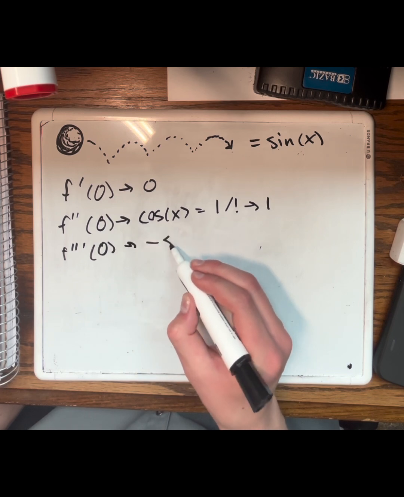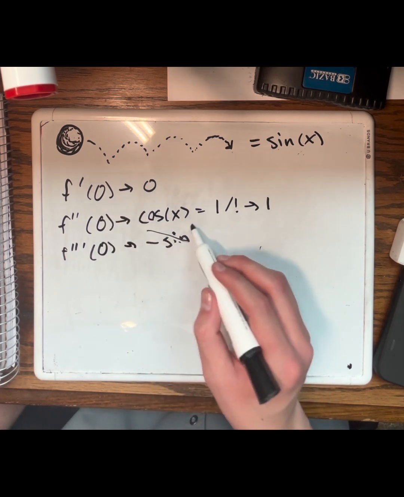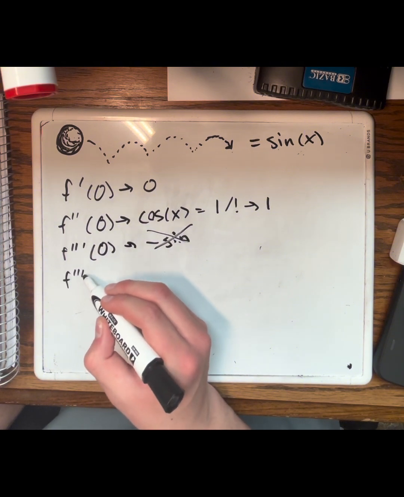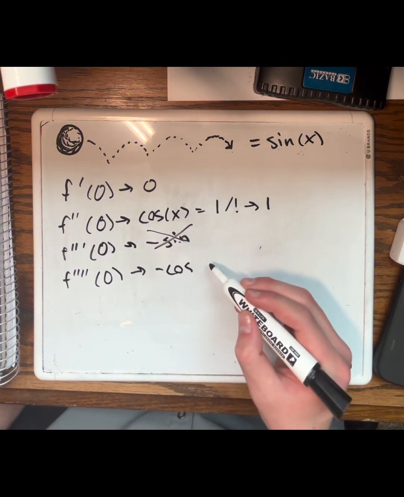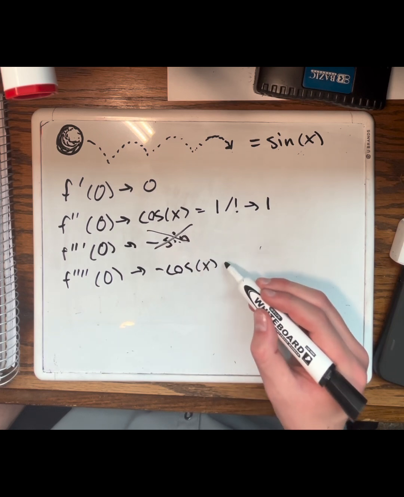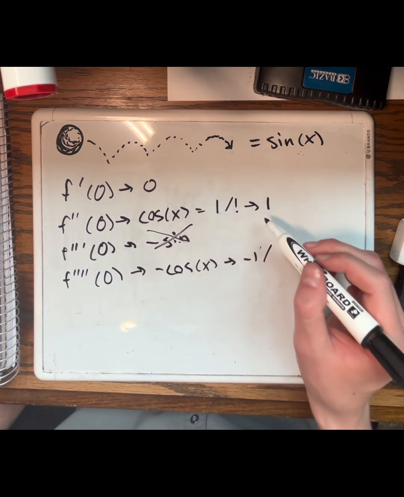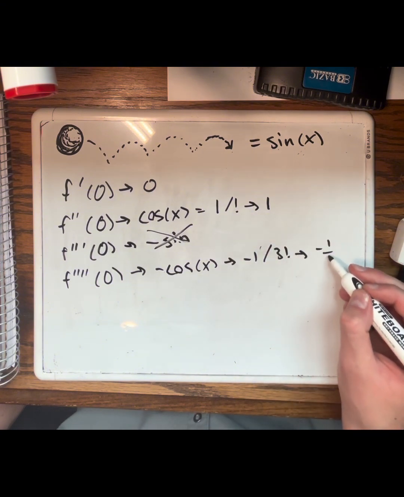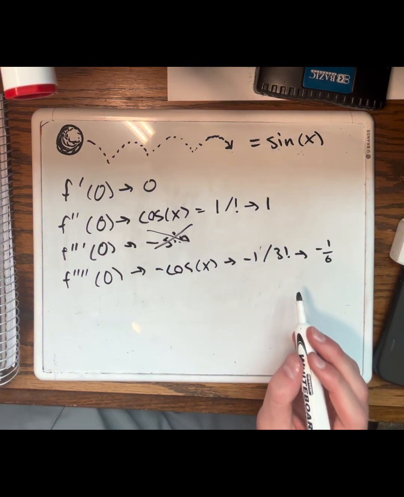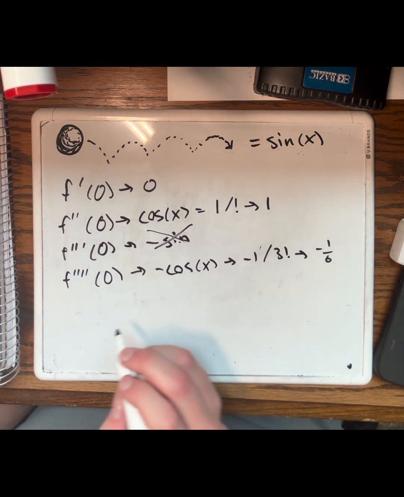Cosine's going to go to negative sine, just like we saw the first time. This is going to go to 0. We can skip it. That's to the 4th. These stack up fast. Negative cosine of x, which is going to be negative 1, now divided by 1, 2, 3, negative 1 over 6.